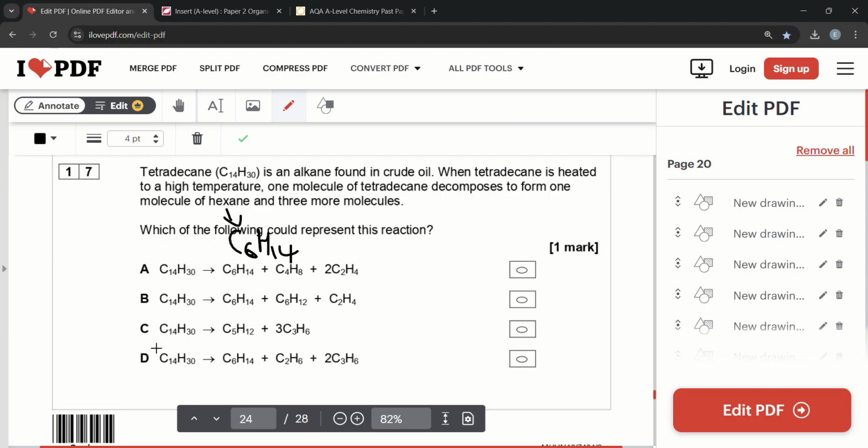So it already can't be C, that's pentane, and 3 more molecules. So it decomposes to form 1 molecule of hexane and 3 more molecules, but that's only 1, 2, so it can't be B.